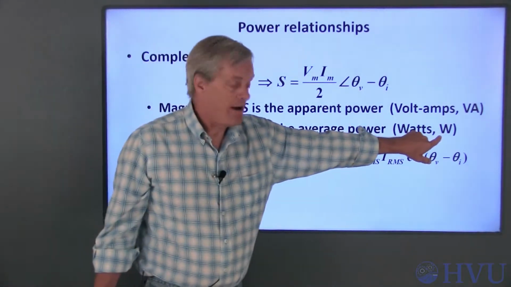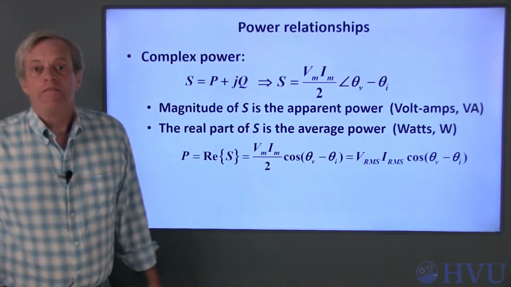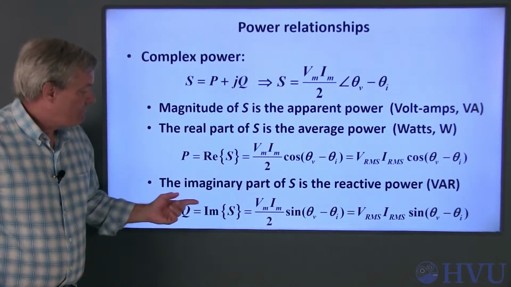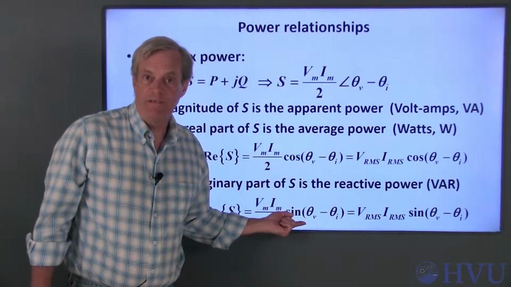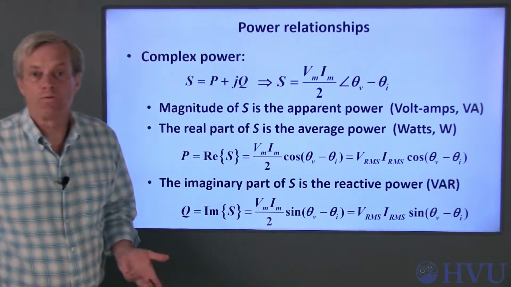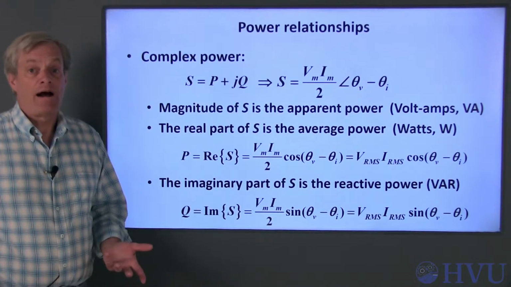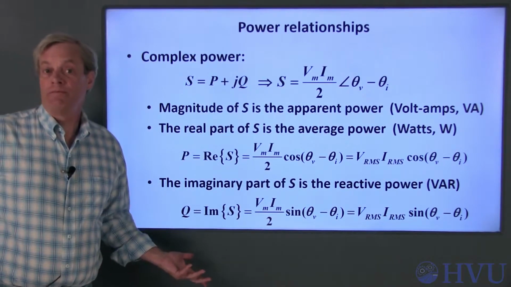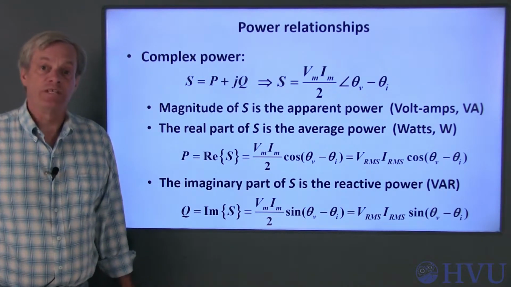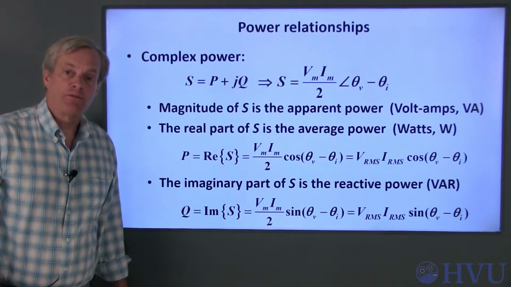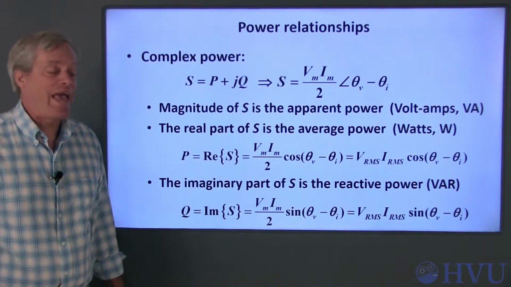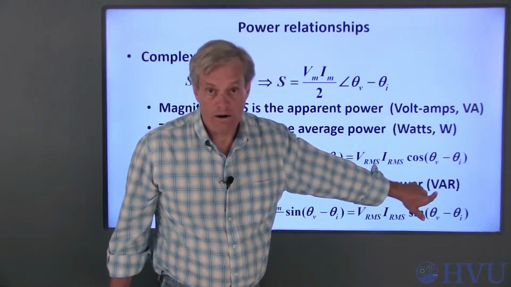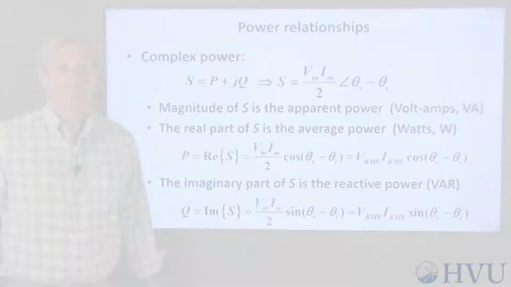The units of average power are watts. The imaginary part of S is Vm times Im over 2 times the sine of theta v minus theta I. This is the reactive power. Reactive power also has units of volts times amps. But to avoid confusing this with either of the other two types of power, reactive power is assigned units of volt amps reactive, or VAR.